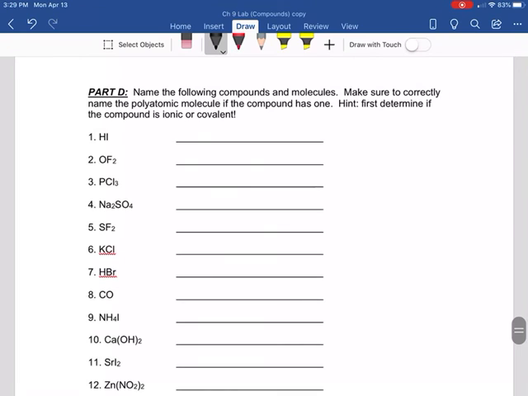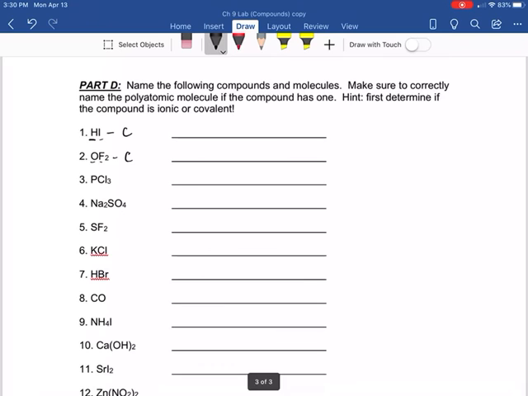And then part D, you do the opposite. It gives you the formula, and then you have to come up with what the name is. So like for instance, HI. Well, what is that? If I were you, I'd go over here and I'd go, okay, that's a covalent bond. OF, that's a covalent bond. How do I know that? Because H and I are both nonmetals.